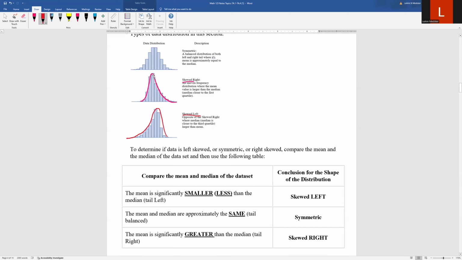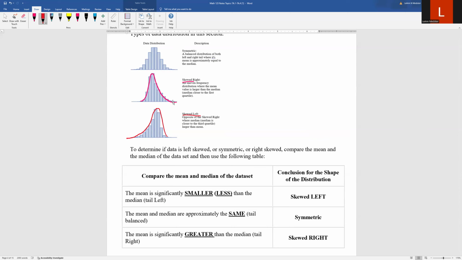Now, if you have skewed right, your middle is still where the bulk of your data is going to be. If we're skewed to the right, our mean gets pulled higher because of these high values. The middle will always just be the middle, but an average or a mean can move with the data points because, remember, it's adding them all up and dividing by how many you have.